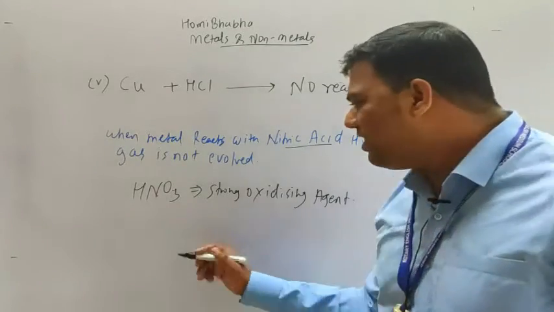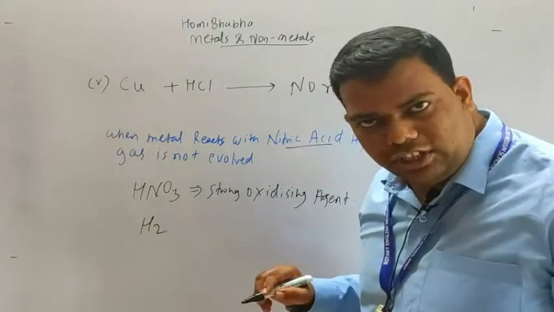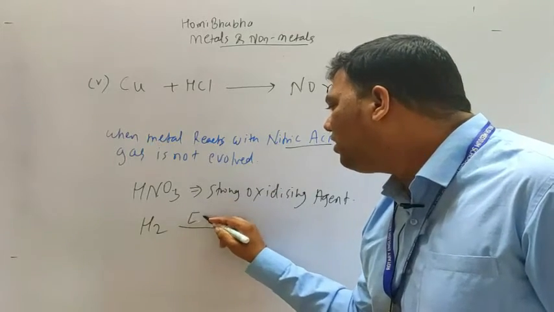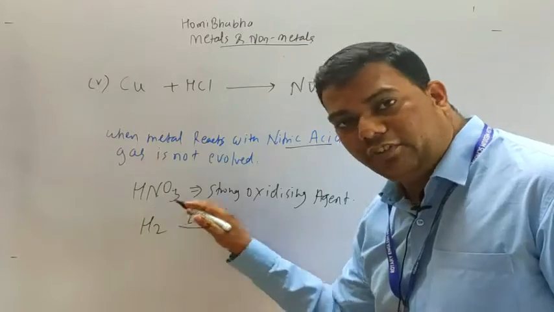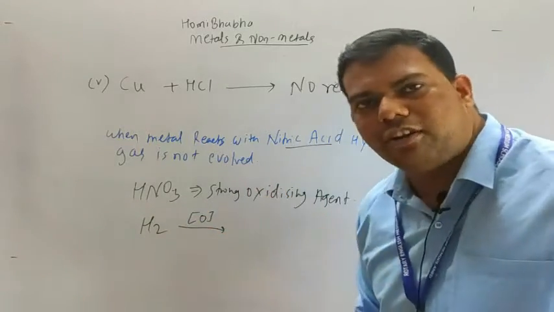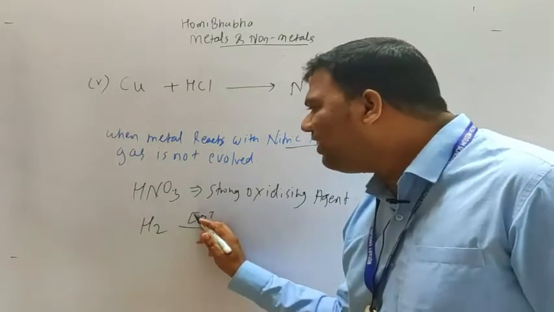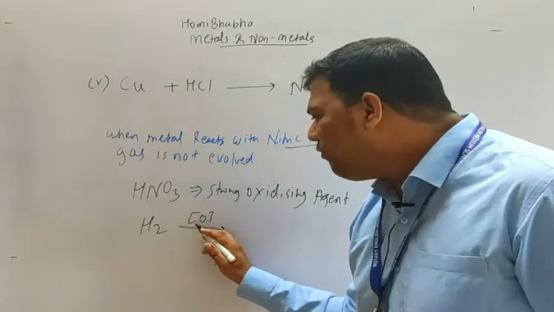They are super oxidizing agents. Whatever hydrogen is evolved in this reaction will combine with the oxygen from the nitric acid. The hydrogen gas that is evolved combines with oxygen from the nitric acid, so it is evolving nascent hydrogen and nascent oxygen.